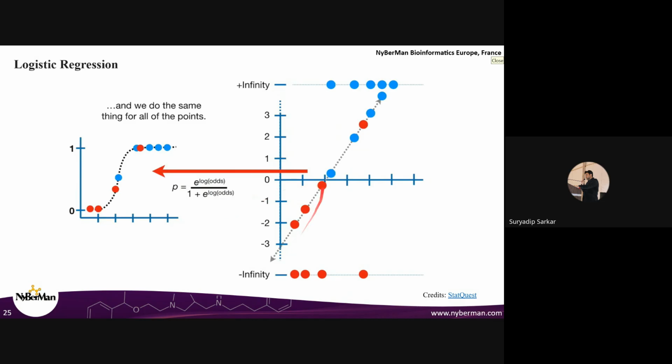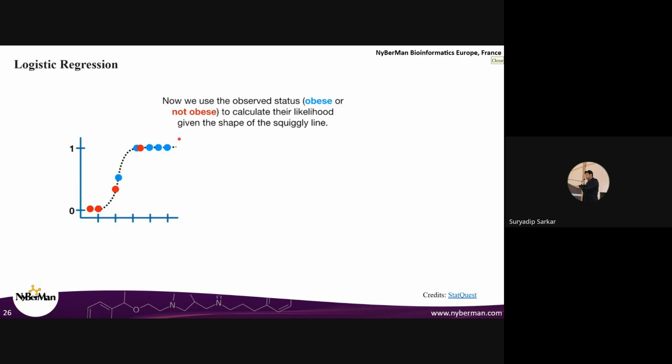And you can do this for all of these points. What you will end up with is something like this, which fits this particular sigmoid curve. So you have these particular points on the sigmoid curve.